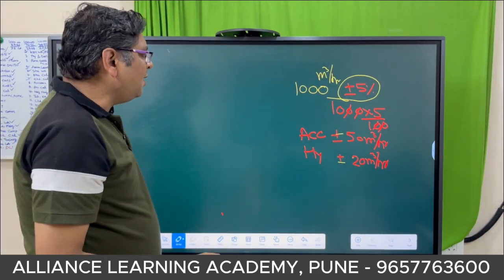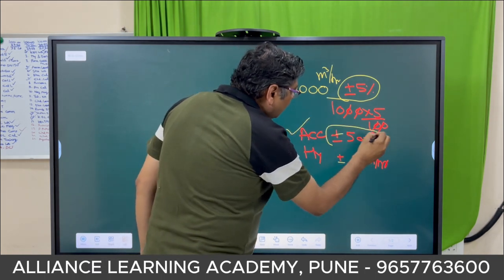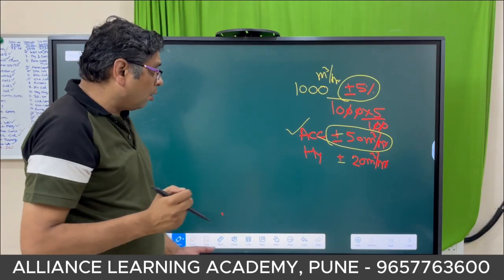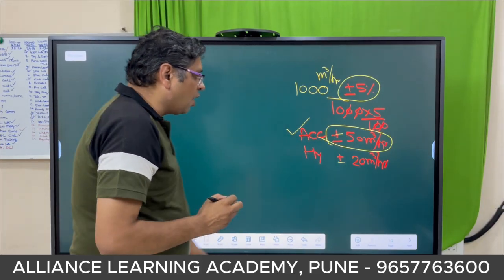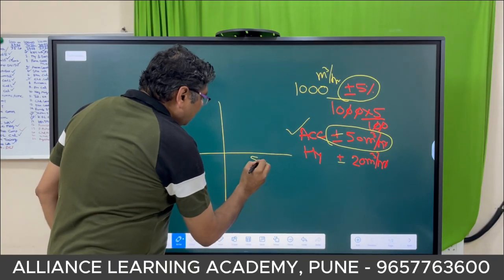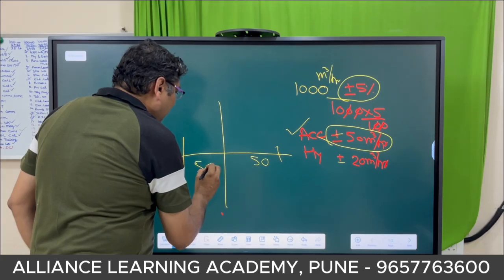Got it? Then how much is the accuracy range? Plus minus 50 m cube per hour. If you make it like this, 50 on this side and 50 on this side.